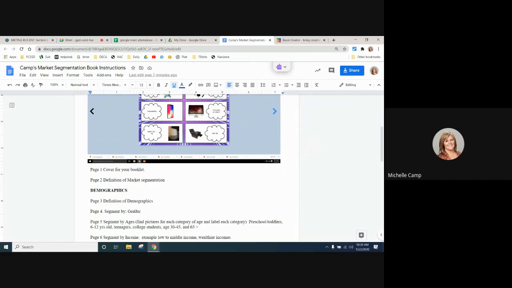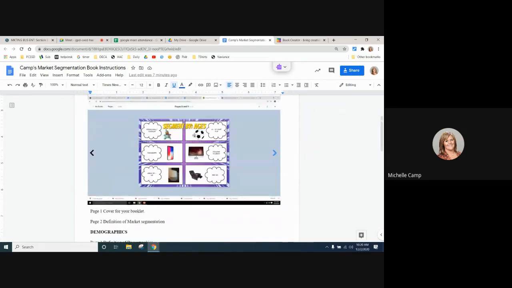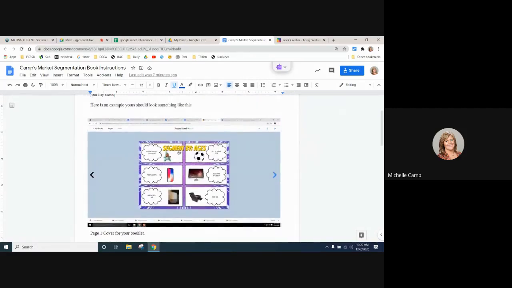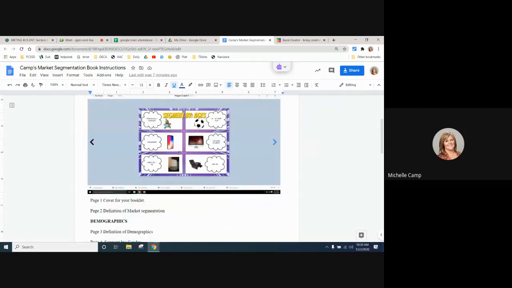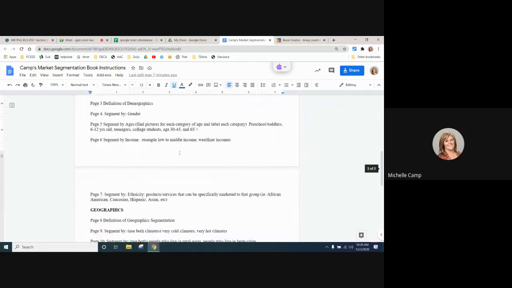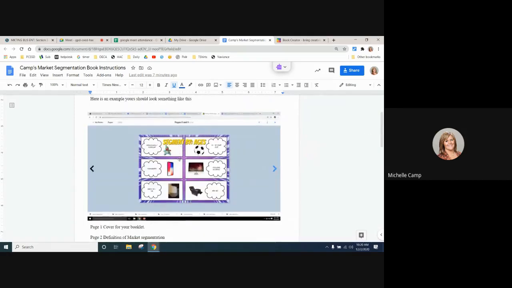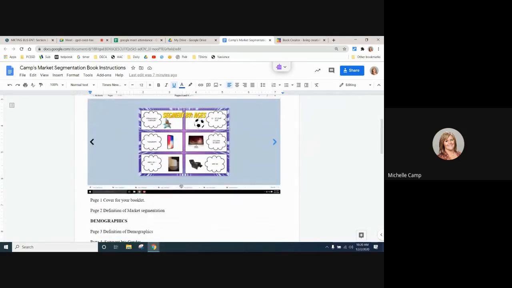Then I want one for ages. You can kind of see an example here that my friend Miss Balul did for her students. So I want to see an advertisement, an actual advertisement. Here she has just pictures, but when you're doing your assignment, actual advertisements.